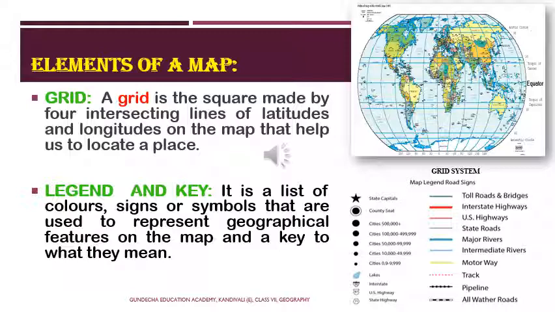The intersections of latitude and longitude lines are called coordinates, which help us to know the exact location of a place. Then we have the legend and key. It is a list of colors, signs or symbols that are used to represent geographical features on the map and a key to what they mean.